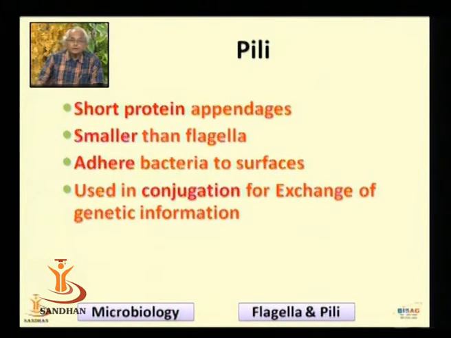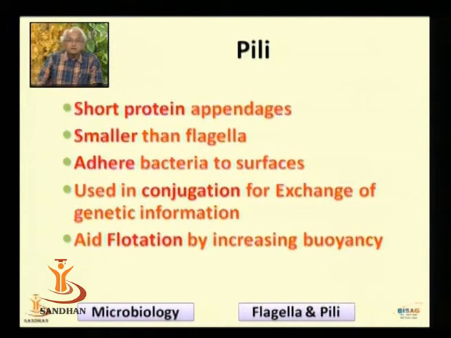They are also used in the process of conjugation, where they are involved in providing a bridge between two conjugating bacterial cells through which the exchange of genetic material takes place. They also help the bacterial cell increase their buoyancy by raising their flotation rate.